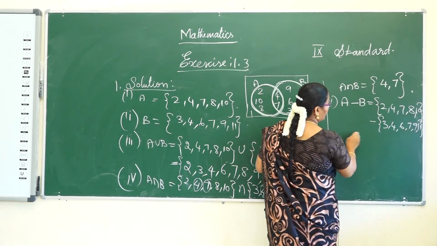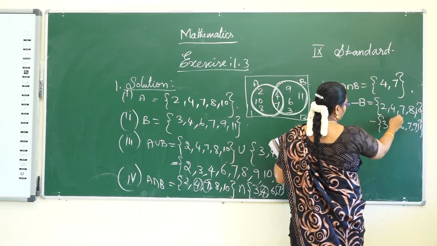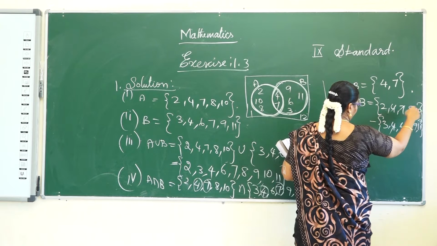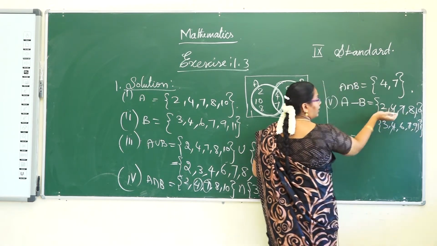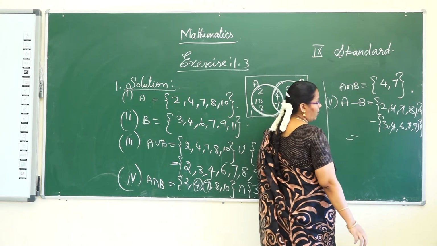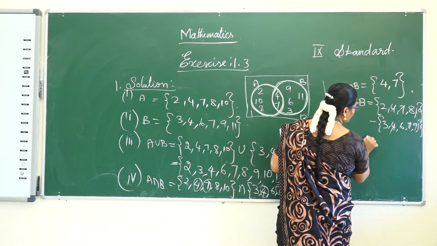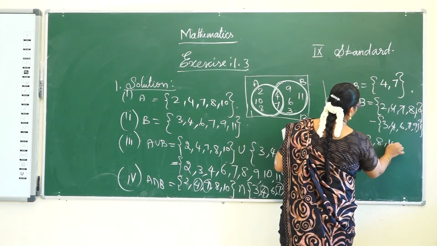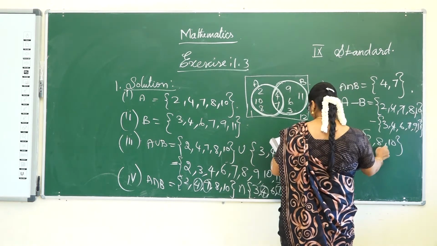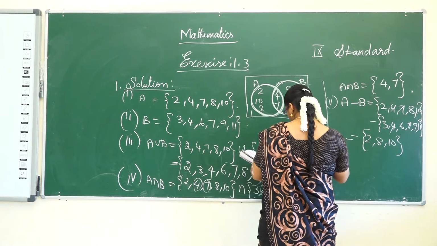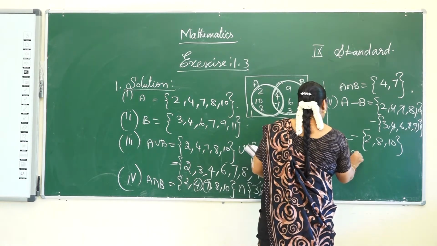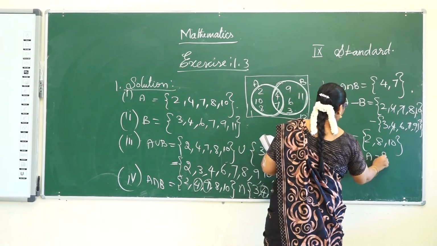Which are the common elements? First of all, cancel them. Okay, so only consider set A. Which elements remain? 2, 8, 10 only.